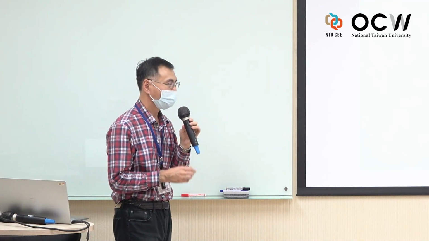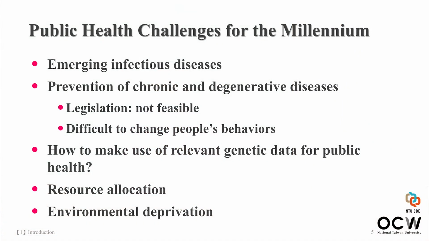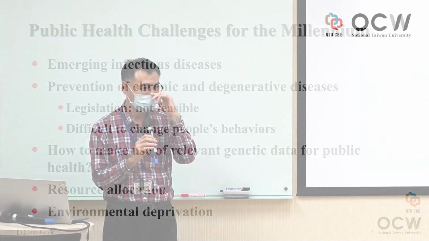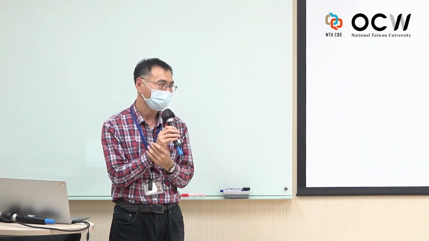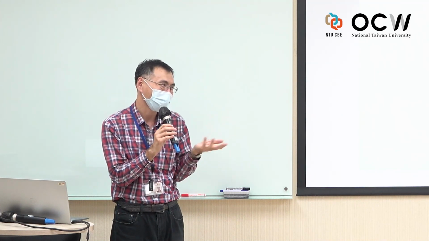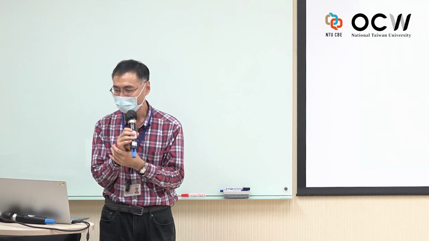And for most of the countries in the world, chronic disease and degenerative disease like dementia is one of the major challenges. And it's pretty unlikely to prevent at an early stage. And people don't really care. If you talk to young people about diabetes, hypertension, they don't really care, right?